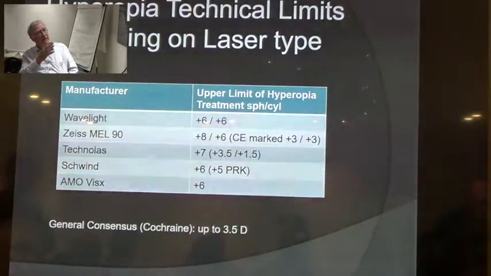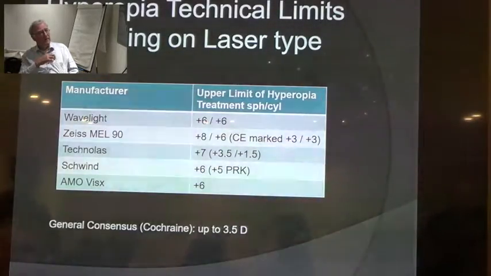The MEL 90 says +8, +6, but CE mark +3. The Technolas says +7, but +3.5, +1.5 cylinder. The Schwind +6, +5 for PRK, and with trans PRK it seems better.